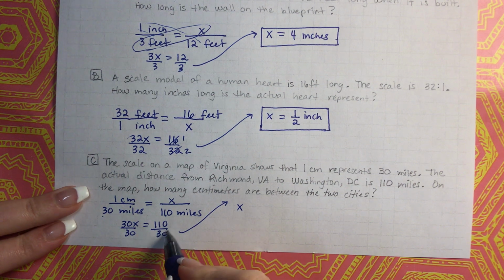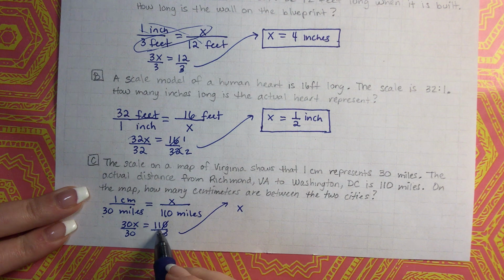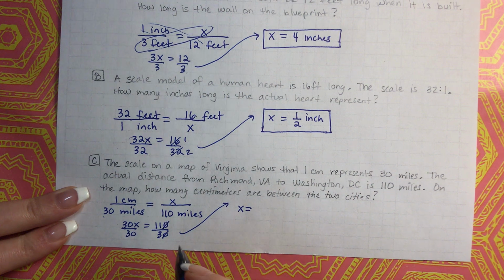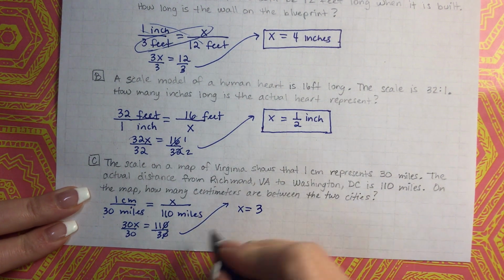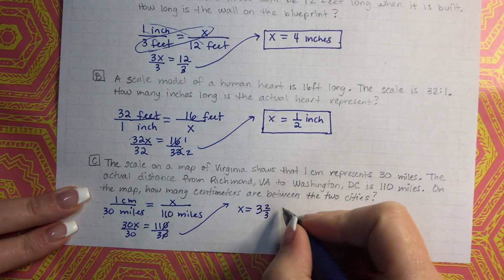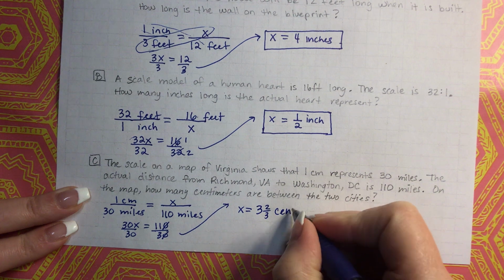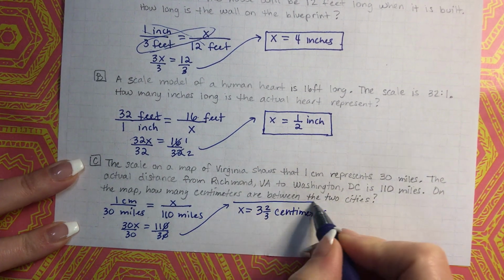There's a 0 on the end, that means 10 goes into both. So I'm just going to cancel out those zeros, and we're left with 11 divided by 3. Because we're talking about centimeters, I'm going to put that in as a mixed number. 3 goes into 11 3 times with 2 left over. So it would be 3 2/3 centimeters. That would be how long it would be on the map.